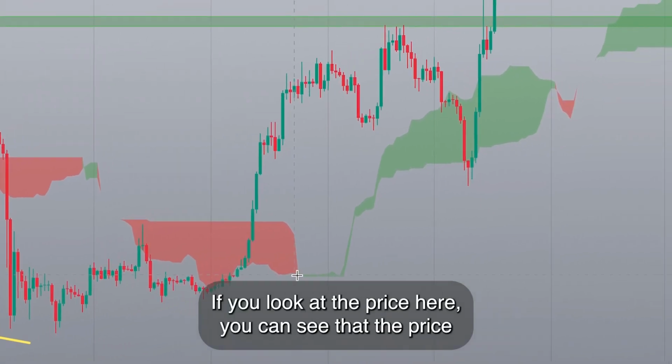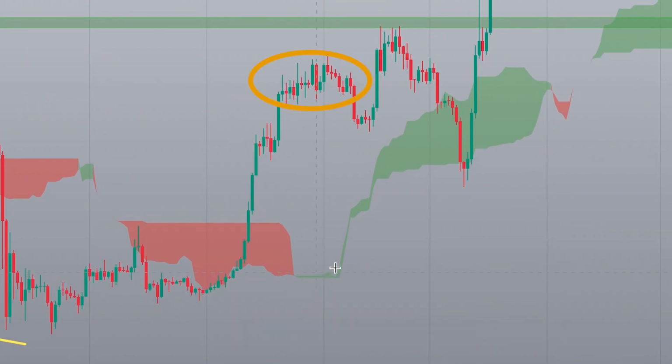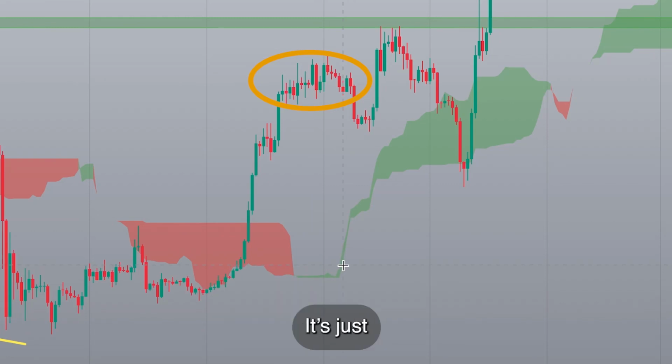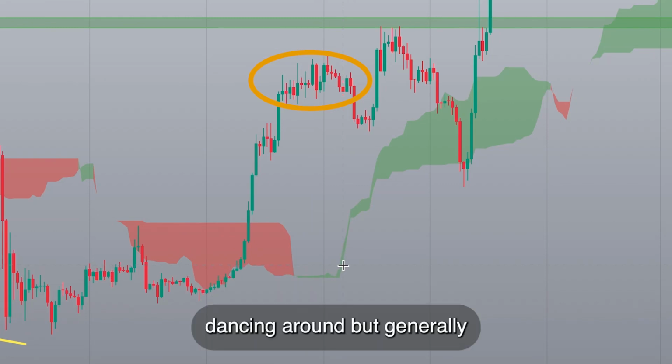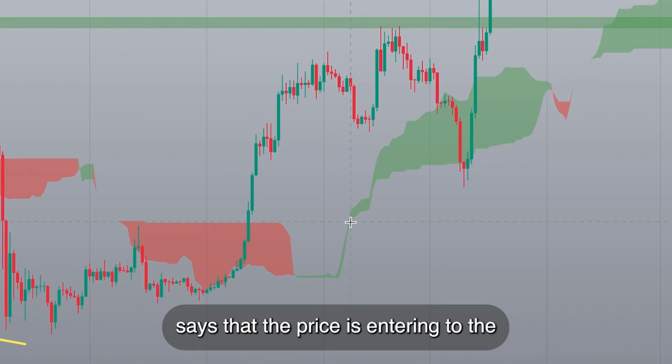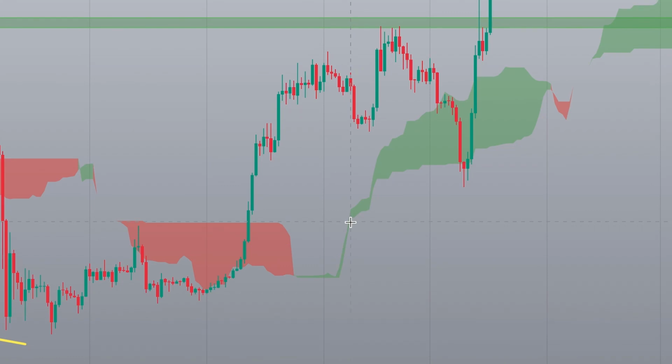If you look at the price here, you can see that the candles in this part are somehow indecisive. It's just dancing around. But generally, the Ichimoku cloud says that the price is entering a bullish trend.